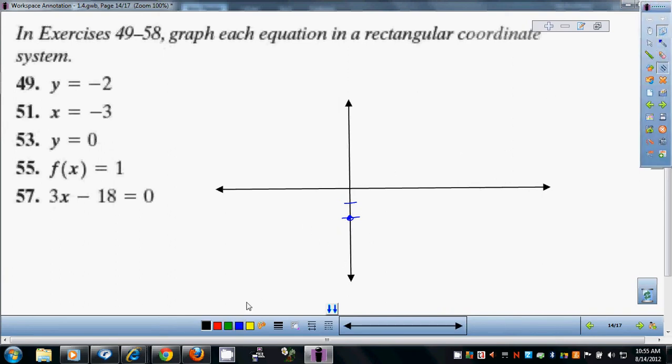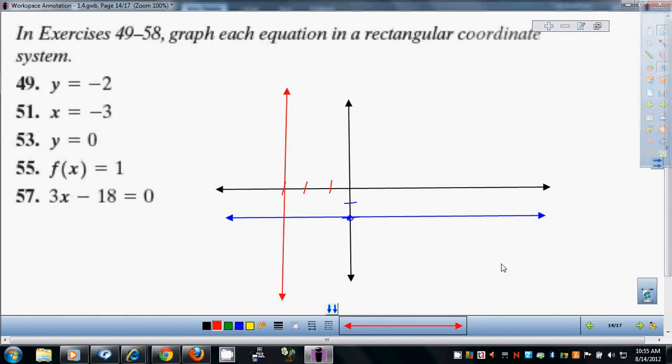So this one will look like this. That's y equals -2. It's actually horizontal going through that y value. X equals -3. And that's going to be vertical going through x equals -3.